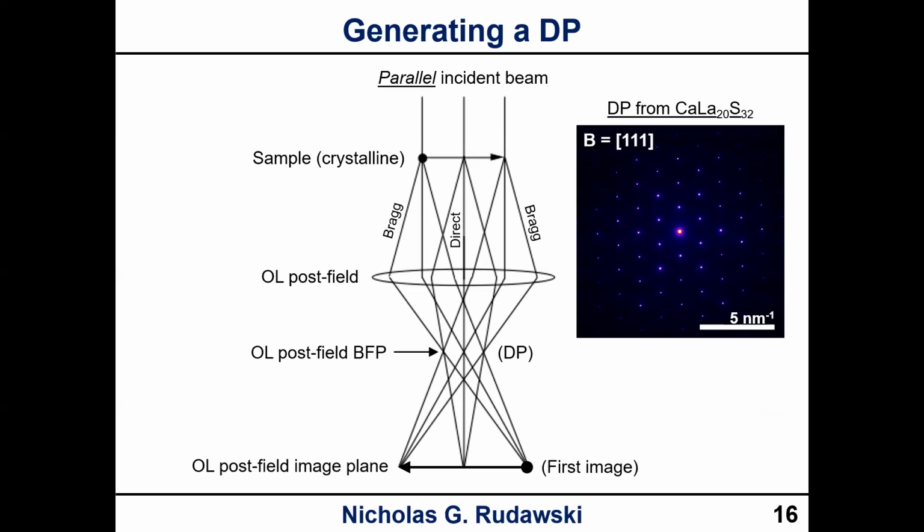Each one of those spots corresponds to Bragg diffraction from a set of planes, the only exception, of course, being the direct spot in the middle. That corresponds to no net change in momentum or wave vector. That is the origin of our diffraction pattern, if you will, which we call delta K equals 0.